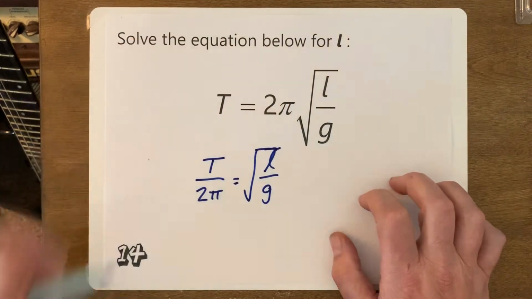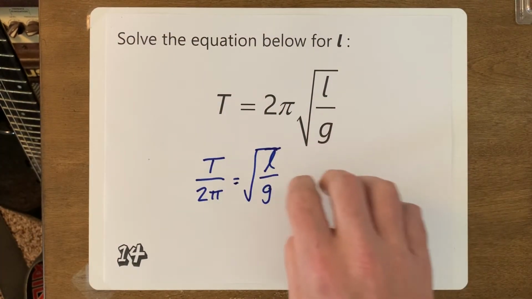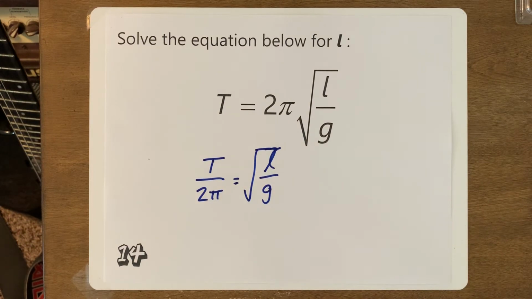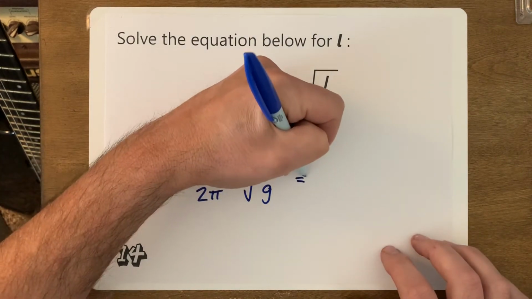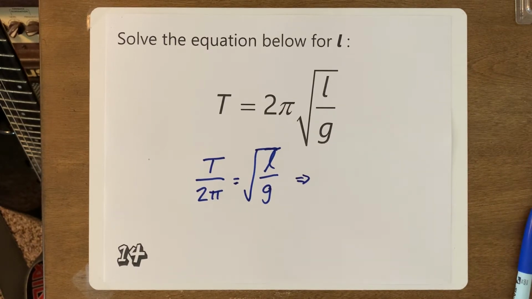So notice how I didn't show that step, the division, because that would be really awkward since I don't have a lot of room down here. But that's what's going to happen, and after a while you get used to this, and you'll be able to do this easily. Now, what I want to do is get rid of that square root. So how do I get rid of a square root?